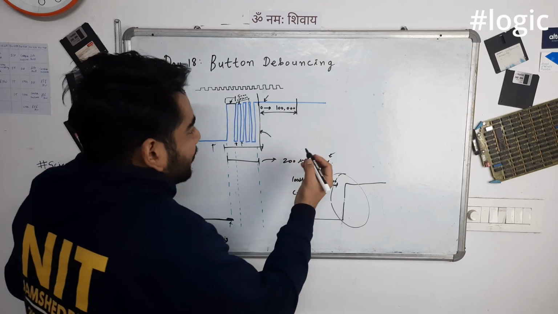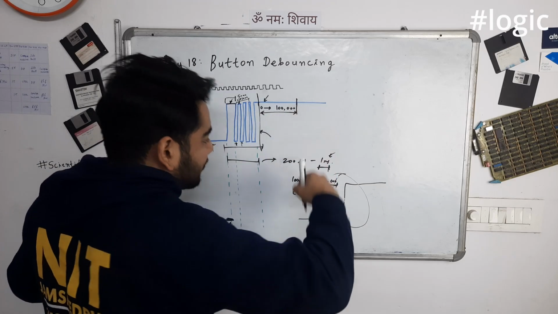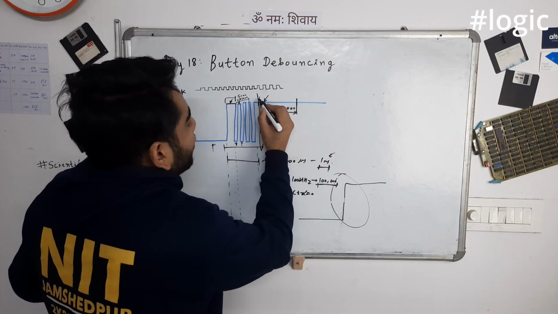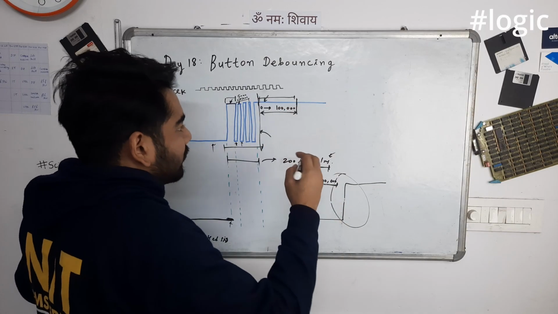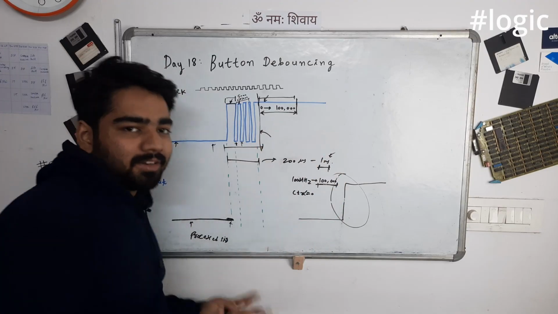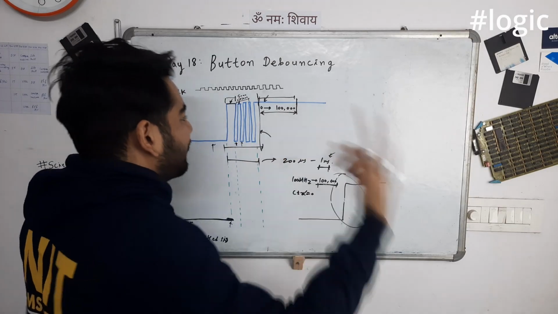And as soon as it counts up to 100,000 and reaches that value, that means the signal has been stable for that many cycles, because if the signal wasn't stable, your counter would reset, right? The counter hasn't reset yet.